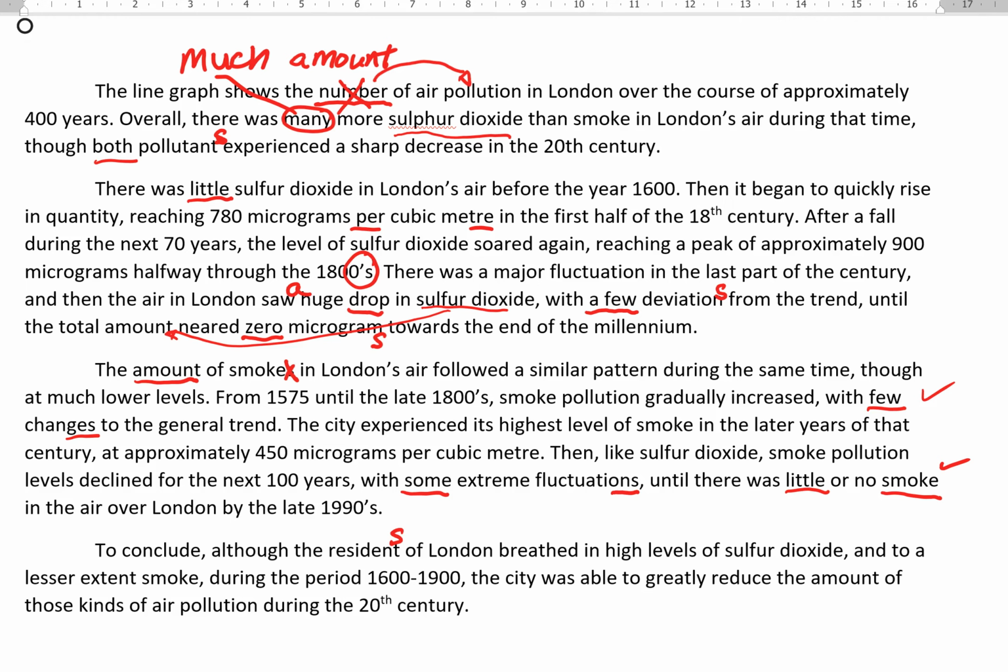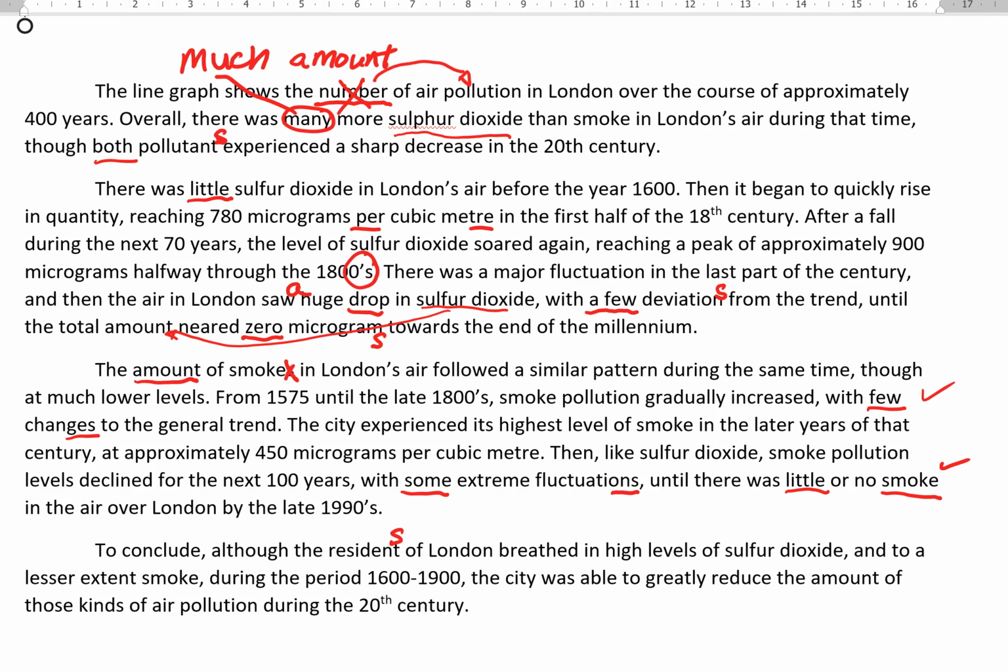Plural nouns really mean this idea of general facts or general information. But so in any case, the residents of London breathed in high levels of sulfur dioxide, okay, and to a lesser extent, smoke, okay, non-count, during the period 1600 to 1900.